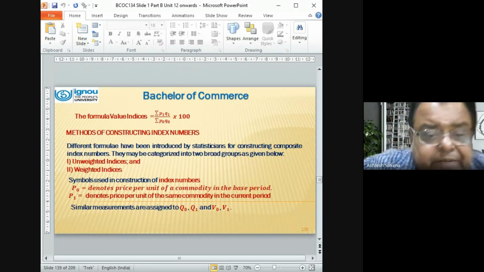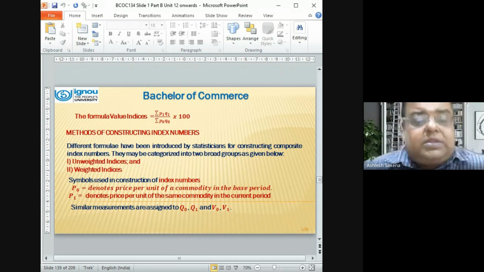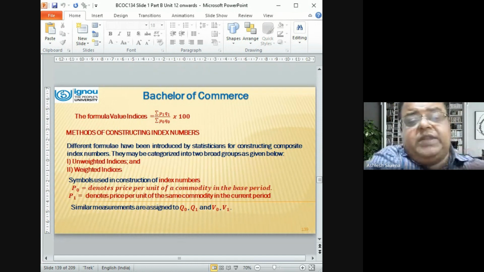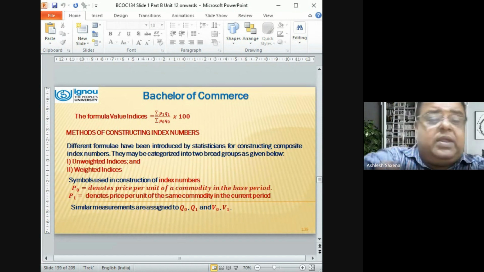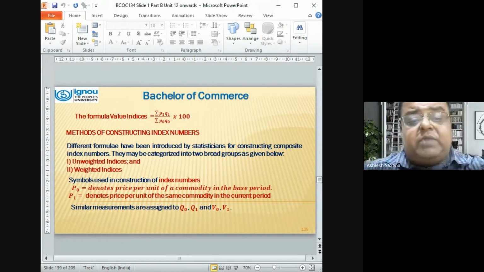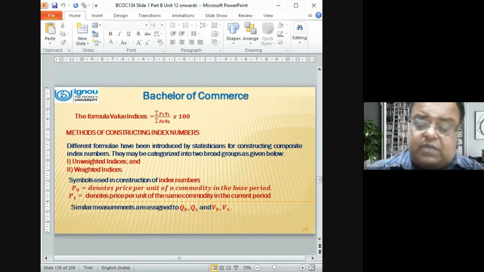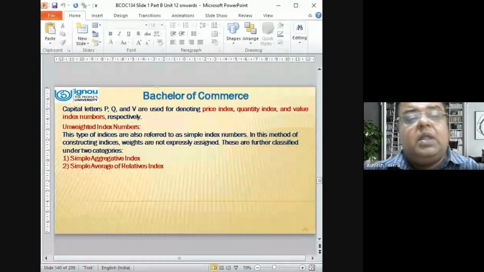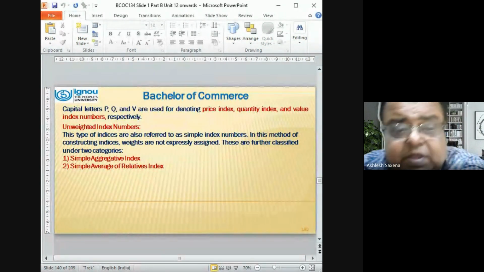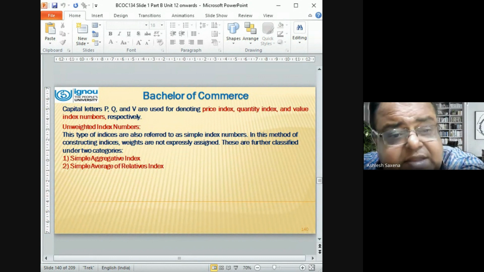The symbols used are P naught and P1. P naught denotes the price per unit of a commodity for the base period, and P1 is for the current period. Similarly, we have Q naught, Q1, V naught, V1. Capital letters P, Q, V are used for denoting price index, quantity index, and value index.